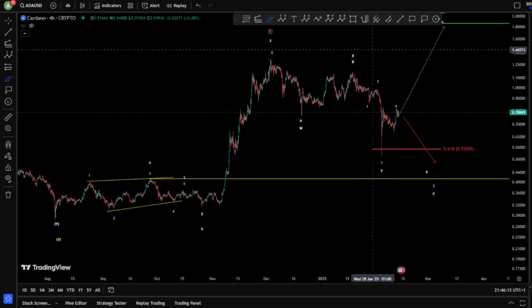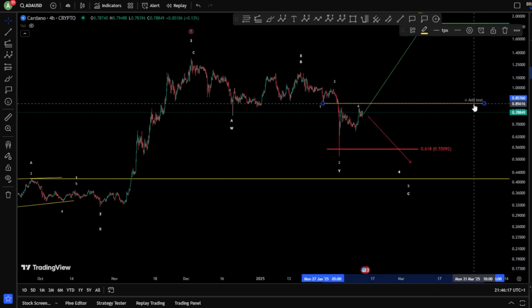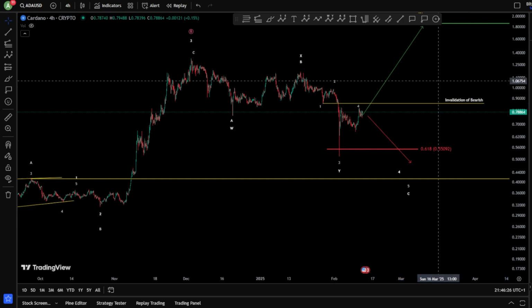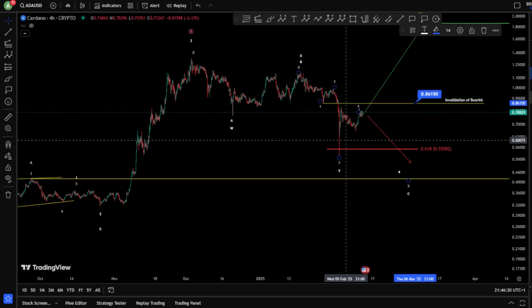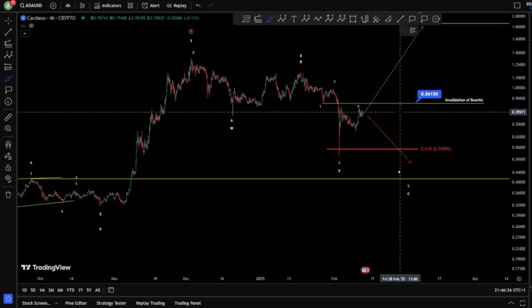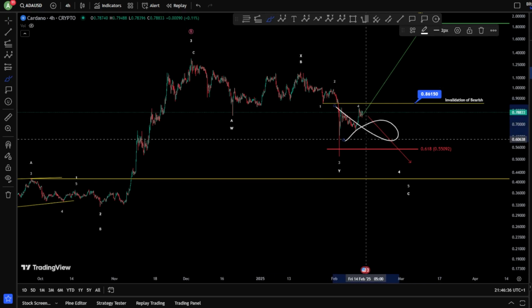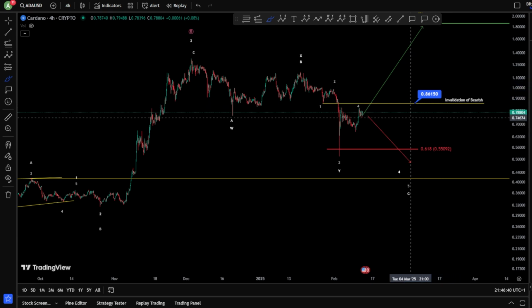You did not reach the invalidation for this scenario, meaning the invalidation is still active. Invalidation of bearish. If you get to this price, guys, that means you are moving toward the upside. You have invalidated the impulse, which is moving downward. And if that happened, then there is no more bearish. Probably you are moving toward the upside, 0.86.